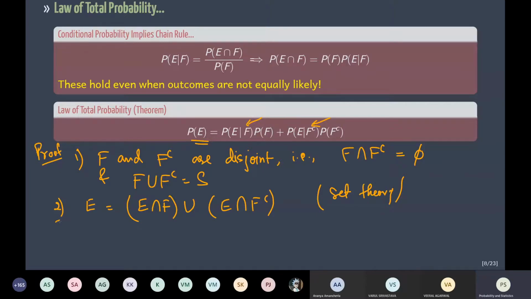Now we know that these two are mutually exclusive, because here you are taking intersection with F, and here you are taking intersection with F complement, so surely they are disjoint. They will not intersect. E intersection F intersected with E intersection F complement must be empty. So this means that they are disjoint.